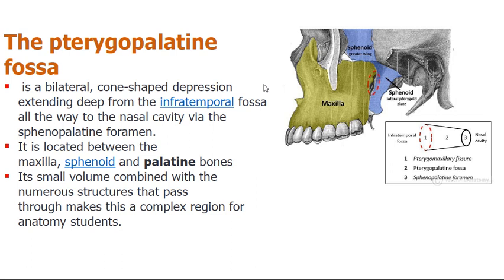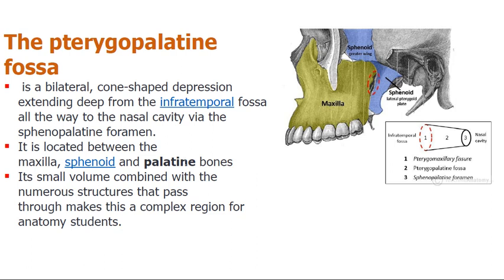This cone-shaped fossa, as seen here in this illustration and diagram, has its outer or external communication with the infratemporal fossa, and this is the space of the pterygopalatine fossa, and then more deep, on the medial aspect of the fossa, the nasal cavity is present there.